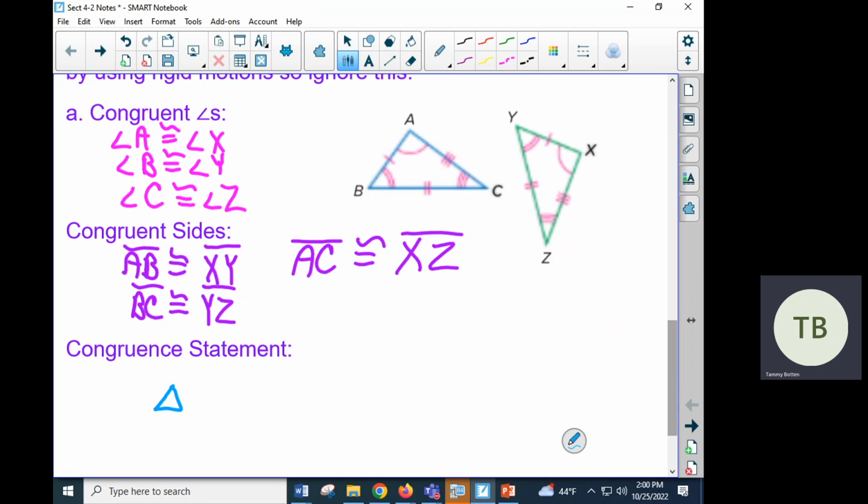So I'm going to call this triangle ABC. So notice I went from the angle with one arc to two arcs to three arcs. And then I would say that is congruent to triangle XYZ. So it has one arc, two arcs, three arcs.